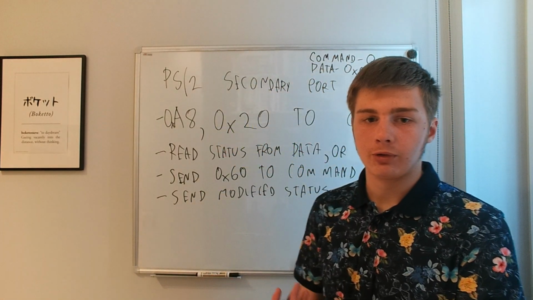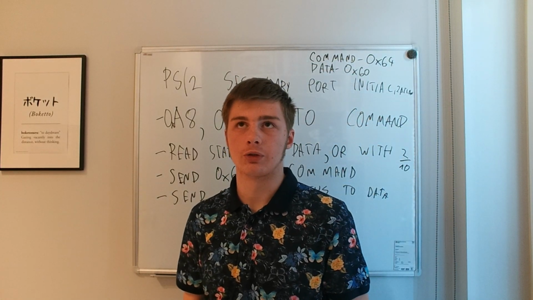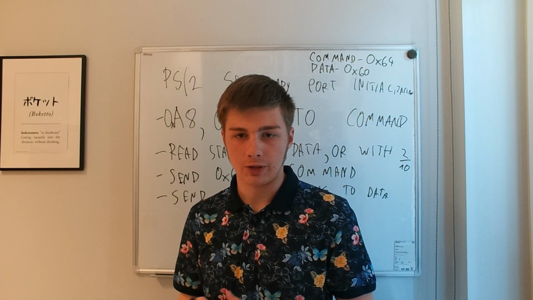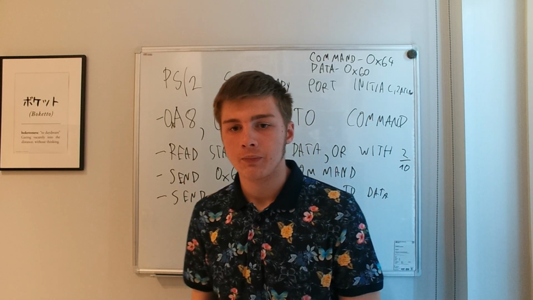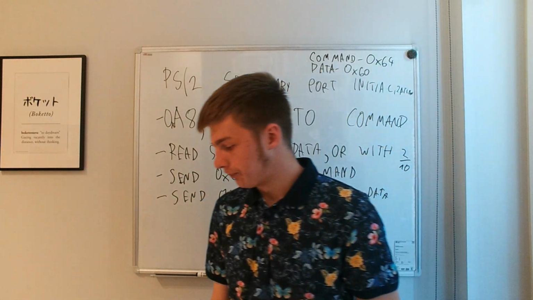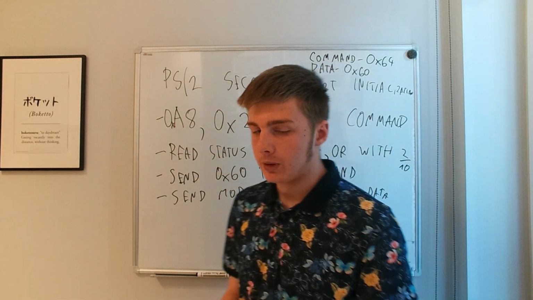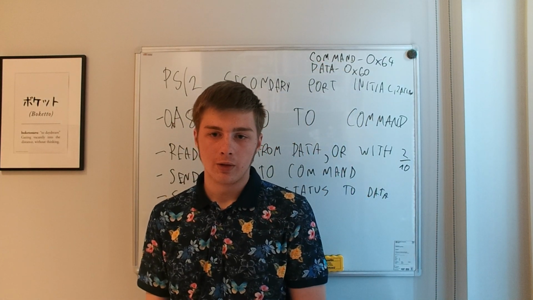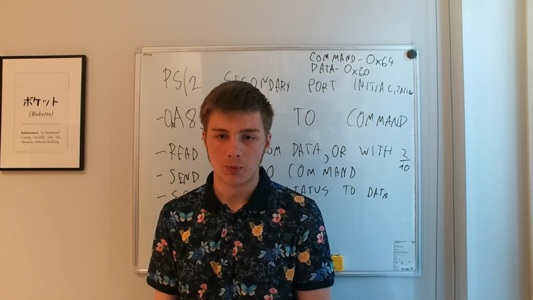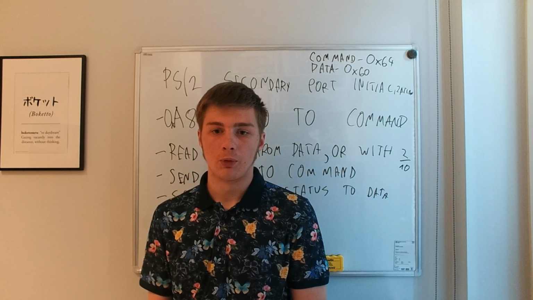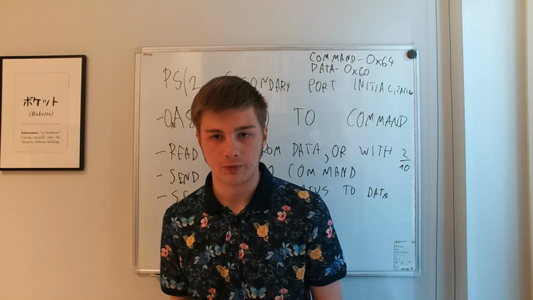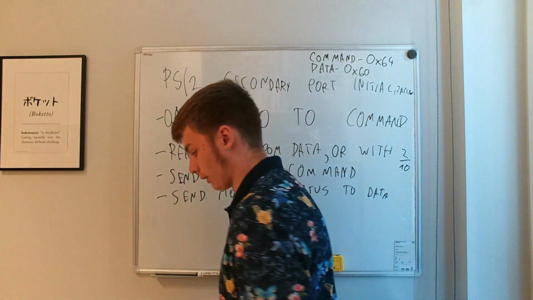And now we have to also do something which is called setting the secondary port to streaming mode. So basically, we'll require for this secondary port to report information, to report data in something called streaming mode.